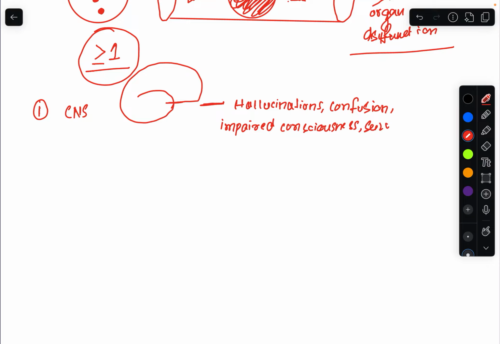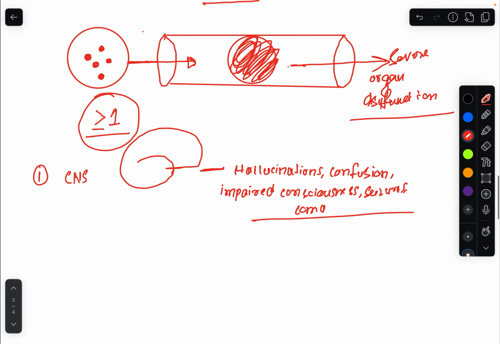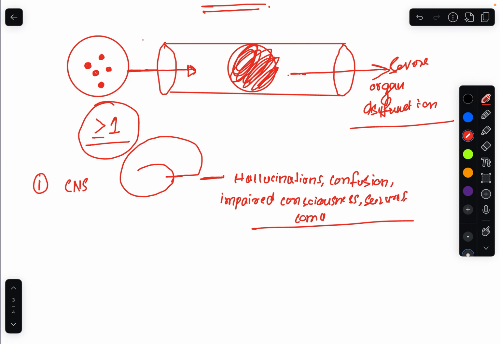You can have seizures, and you can have coma, which you refer to as cerebral malaria. So starting from the top, when the organ dysfunction of CNS occurs due to blockage of capillaries by these infected erythrocytes, you can have confusion, hallucinations, impaired consciousness, seizures, and ultimately coma.